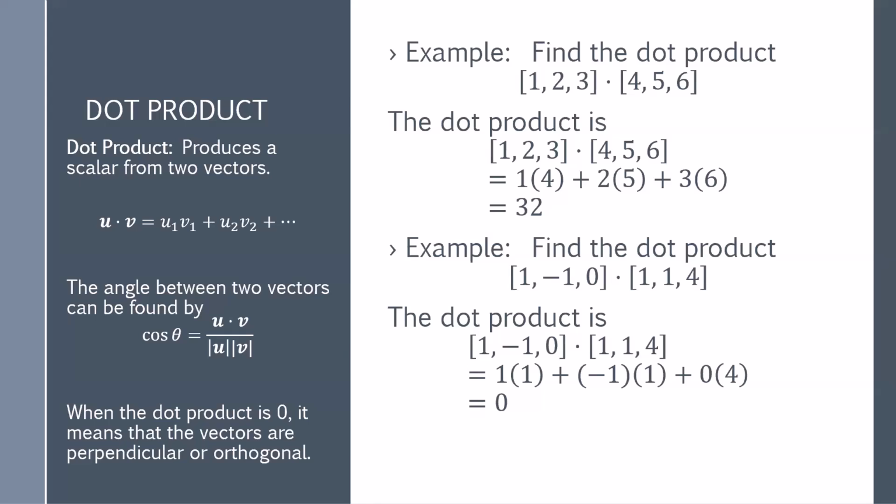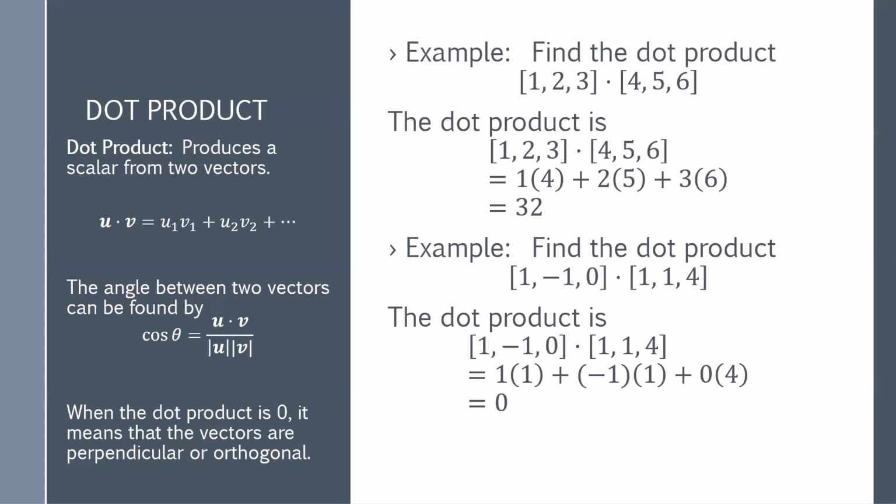Using the dot product, we can find the angle between two vectors. So cosine theta is equal to u dot v divided by the length of u times the length of v. And of course, cosine of theta is equal to 0 when theta is 90 degrees.